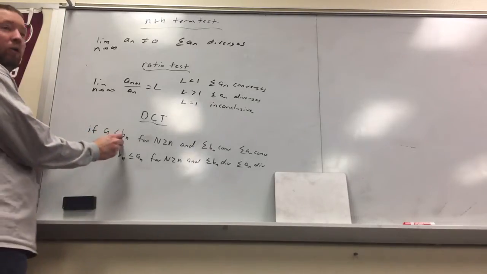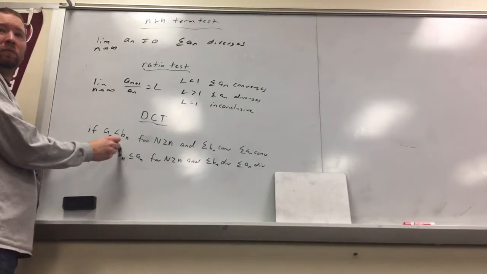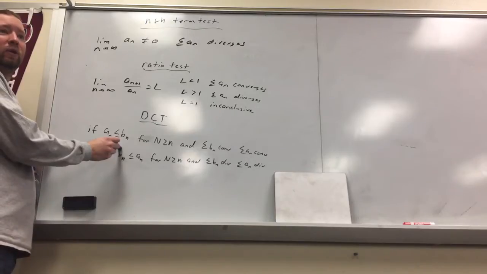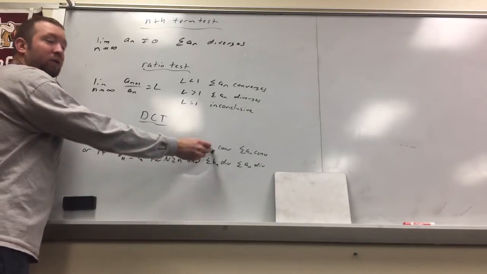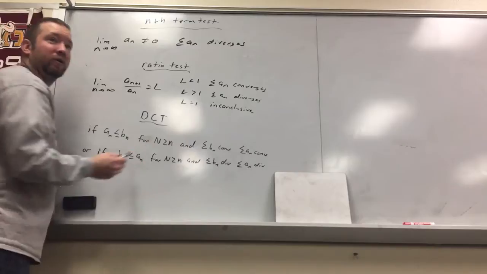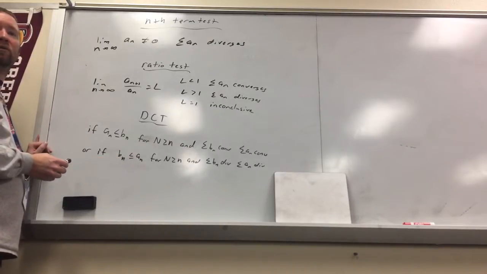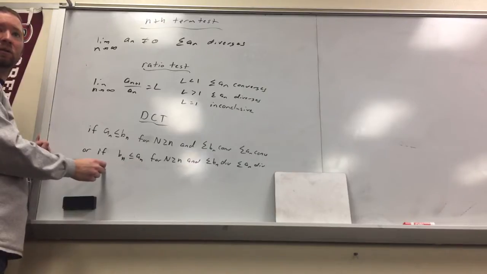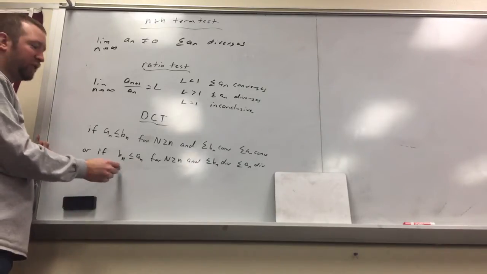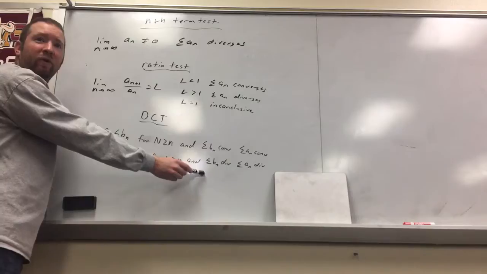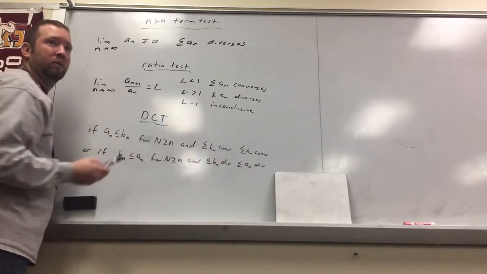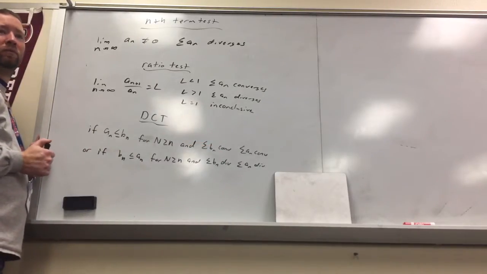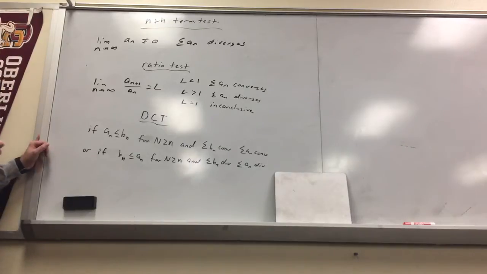Right, so here b sub n is bigger, therefore if the larger series converges, then the smaller series converges. Here b sub n is smaller, so if the smaller series diverges, then the larger one diverges. Okay, so that's what that is saying.